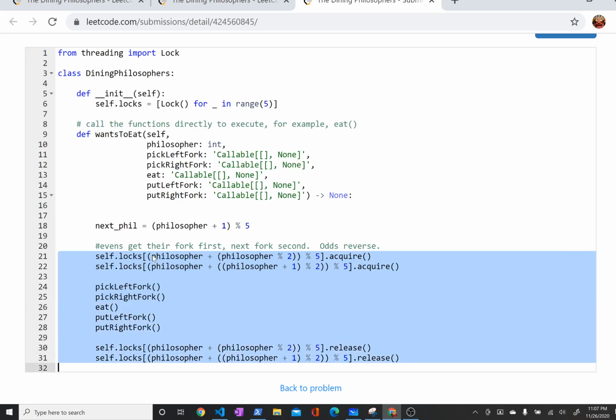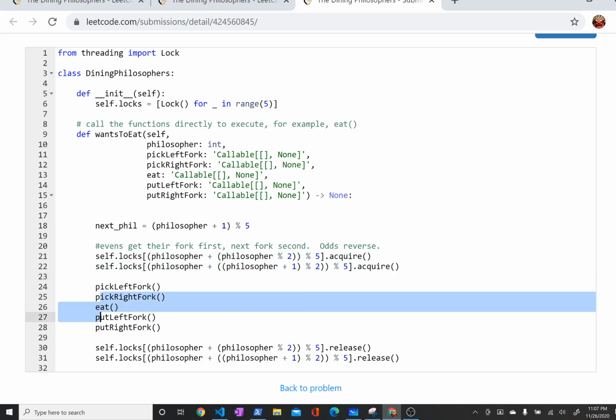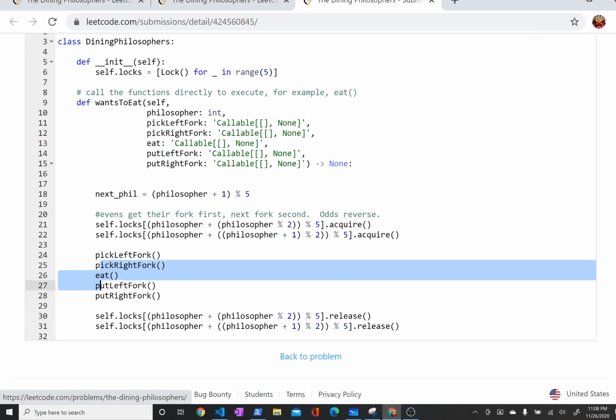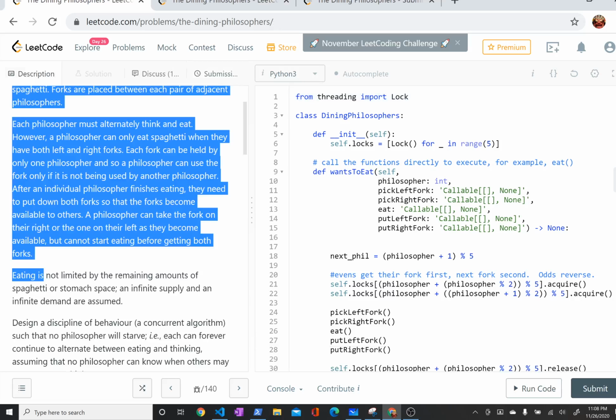But basically, two philosophers will get by lines 21 and 22 without blocking. And then they'll eat their meal and they'll release their locks. And then the next philosophers will acquire the locks and they'll eat. So yeah, that's pretty much it.